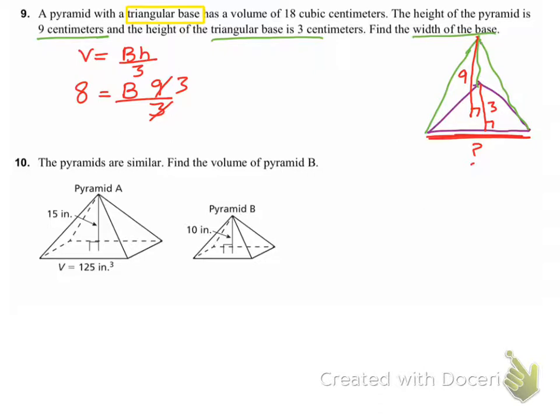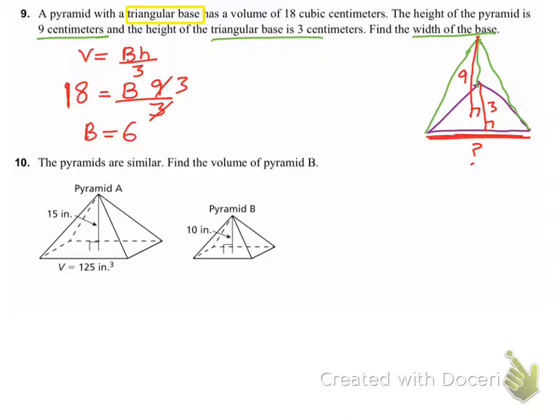Let me see, height is 9, base area, oh that's 18. I wrote the wrong one. All right, it's not 8, it's 18. Now 3b is 18, divide both sides by 3, you get base area is 6.